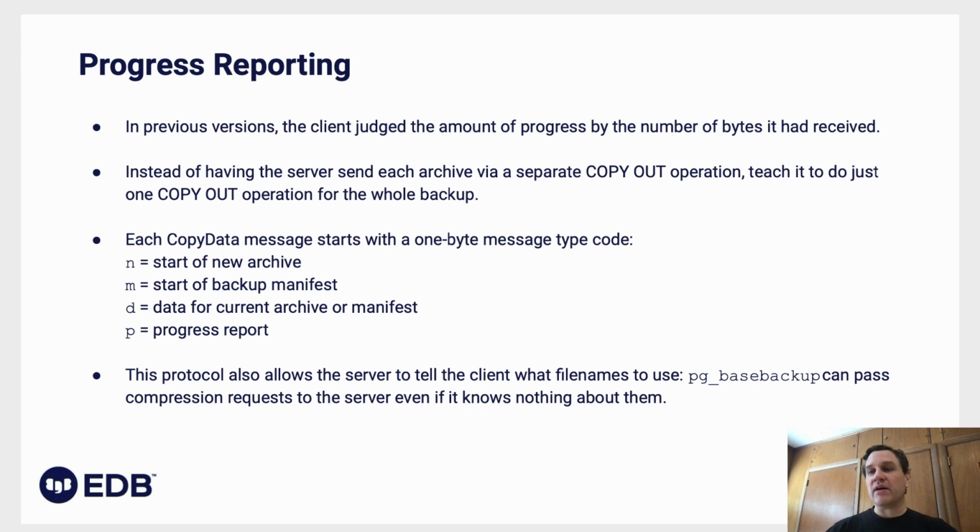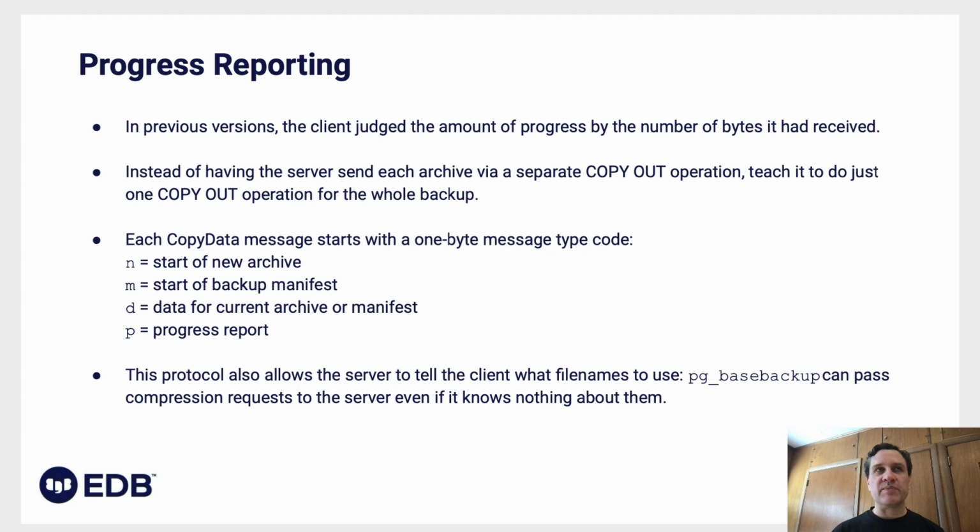And the server might error out because the server might not know anything about that compression method either. But the server may also know about that compression method if, for example, it wasn't compiled into the client that you're using on this machine, but it was compiled into the server on the other machine, and the server may just start sending data back. And if it does, it will also send the appropriate file name to use.